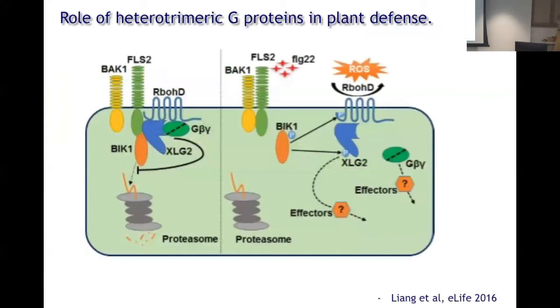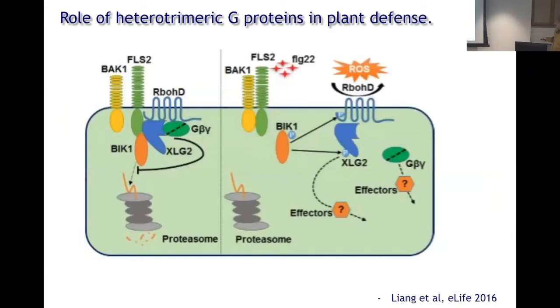In fact, a really nice story came out last year from Jiaming Zhou's group, showing that Gbeta interacts with FLS2. FLS2 is an immune receptor in Arabidopsis that's involved in innate immune signaling. Gbeta interacts with FLS2, and that explains the phenotypes.